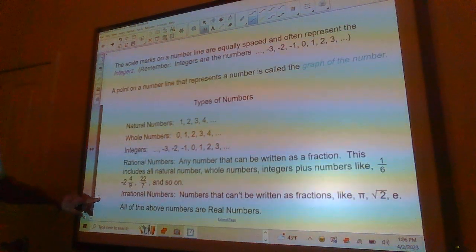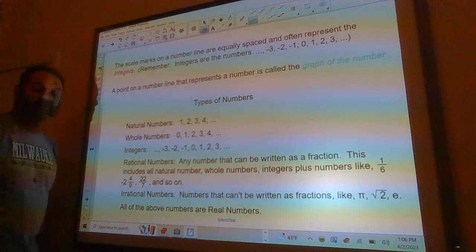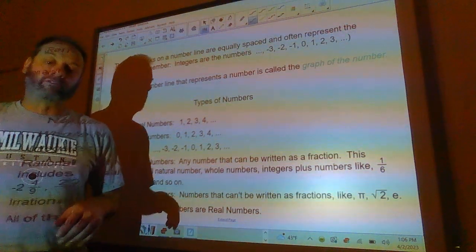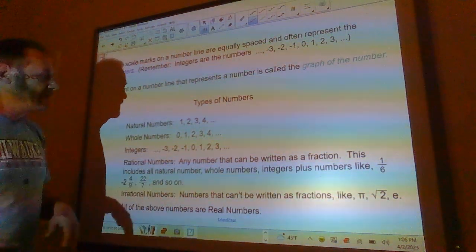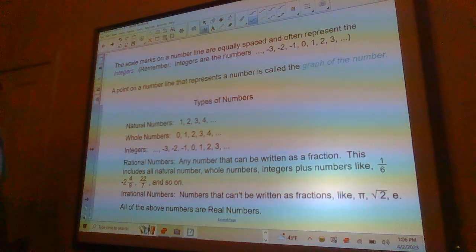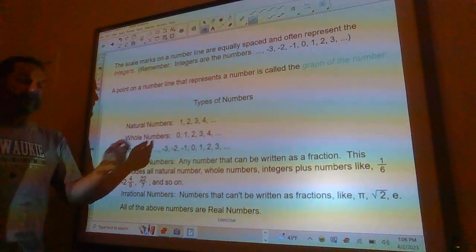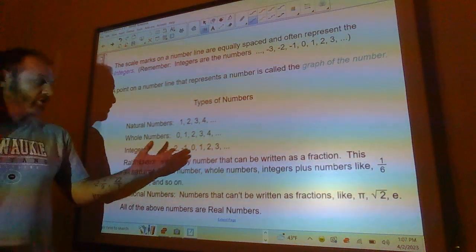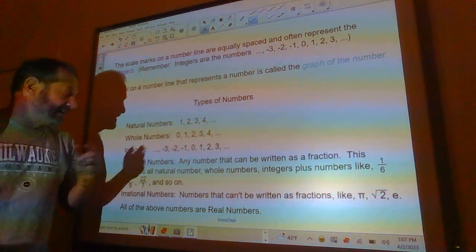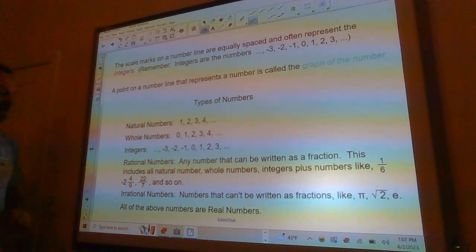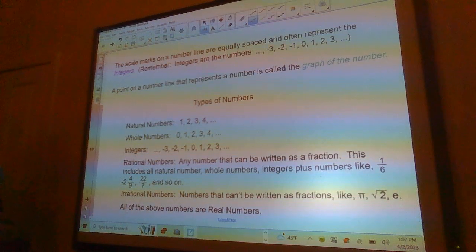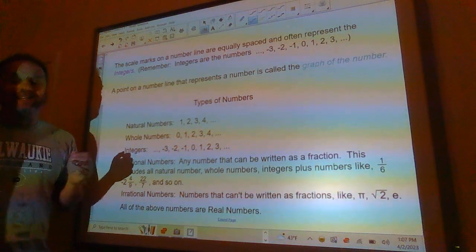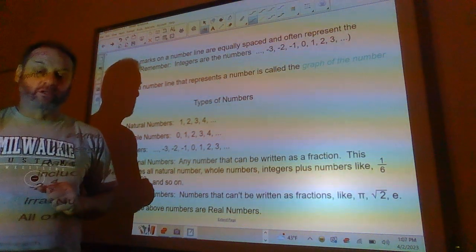So, types of numbers. You've got your natural numbers: 1, 2, 3, 4, 5, 6, 7. That's just your counting numbers. You've got your whole numbers, which are the natural numbers plus 0. You've got the integers, which are your whole numbers plus the negative natural numbers. You've got rational numbers. Rational numbers, remember, are any number that can be written as a fraction.